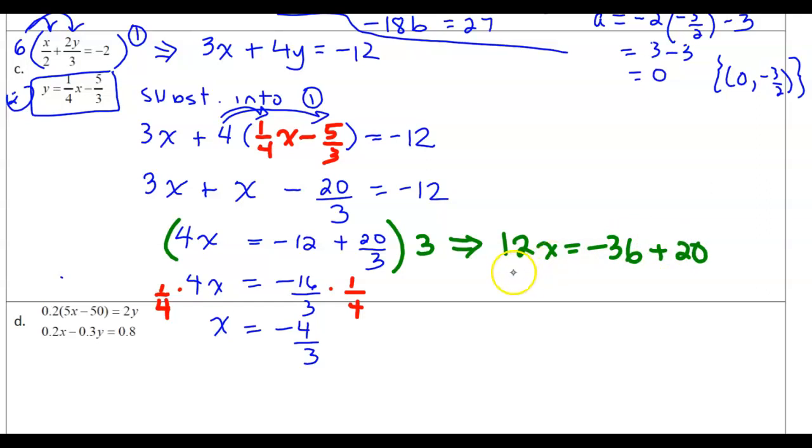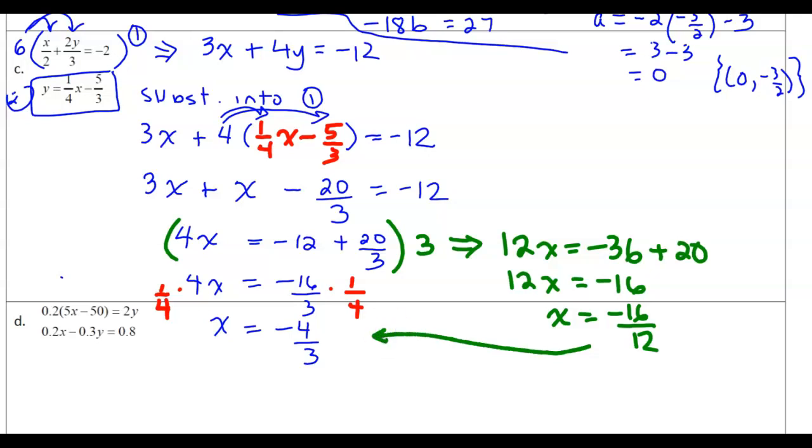So that's going to be 12x equals negative 16. So x equals negative 16 over 12, which reduces to negative 4 over 3. Okay. So that's a way of doing that without having to deal with fractions as much.